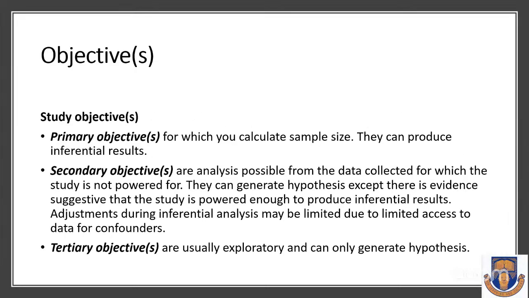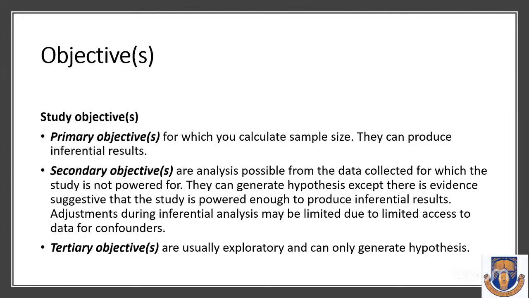Please note that objectives for any study can be primary, secondary, or tertiary. Be very clear about what it is. Usually for manuscripts, you focus on primary objectives. Usually, what happens, however, is that after your primary objective, you can do a secondary analysis of that data to generate answers to secondary or tertiary objectives, which are now more exploratory rather than definitive.